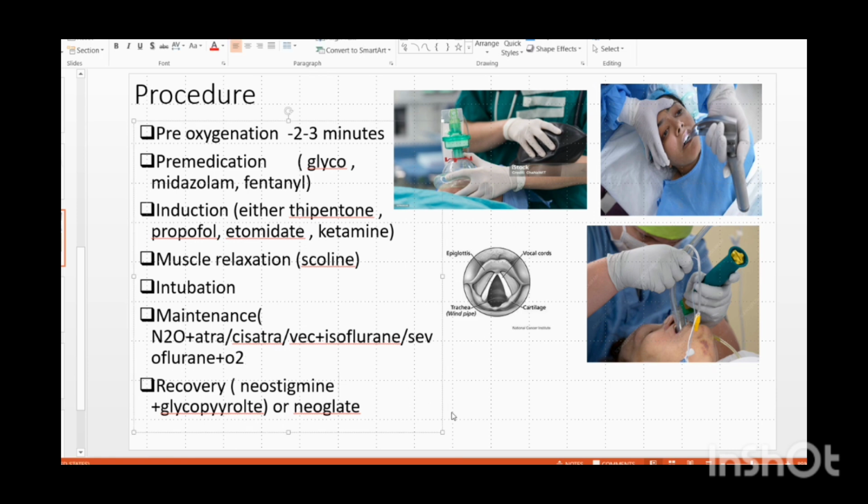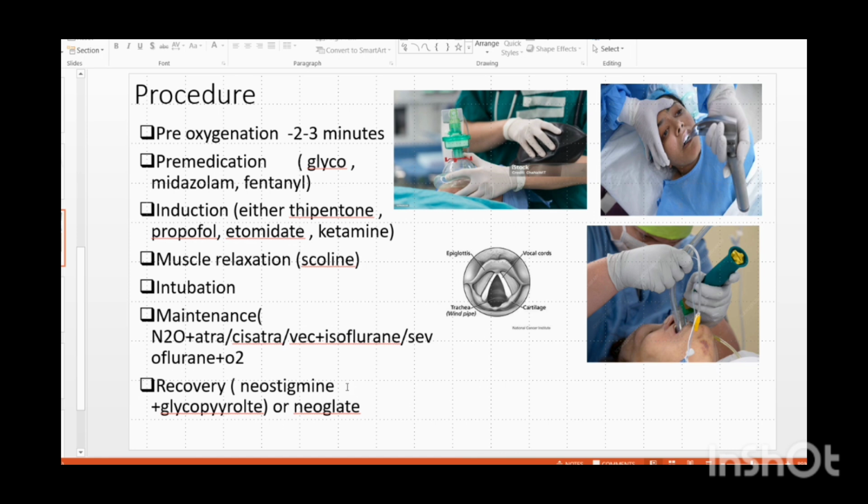There is a definition you saw in general anesthesia: after surgery, the patient should be brought back to the normal stage with normal vitals.